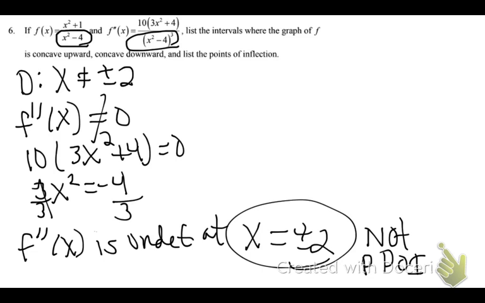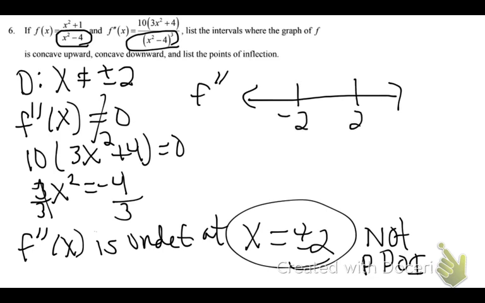To analyze the concavity, we are going to do a number line sign analysis for F double prime using 2 and negative 2. We are just plugging a test value into our second derivative.